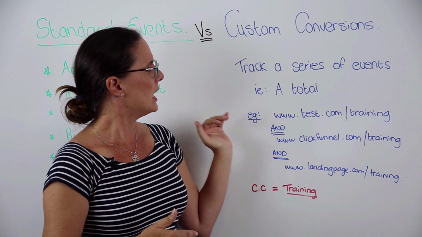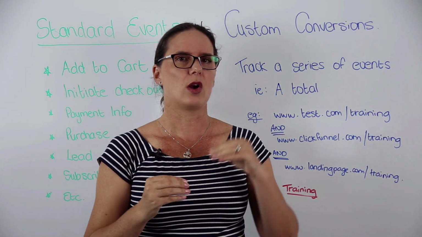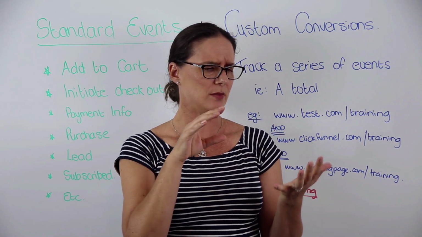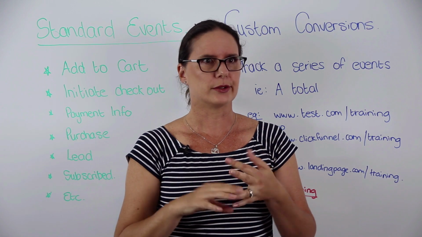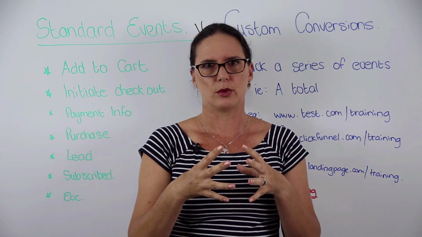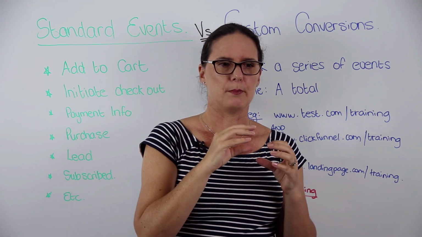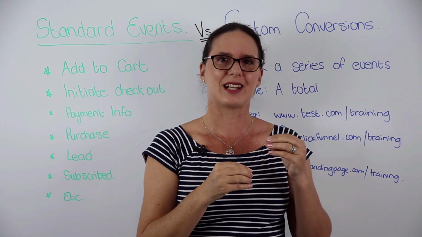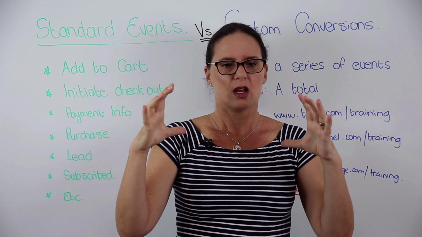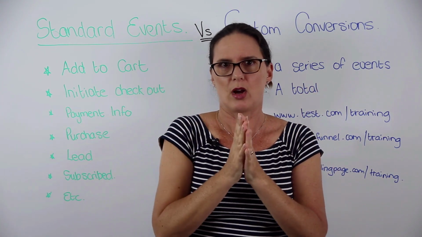So things like, what if I wanted to know not what was just happening on a single URL, but if I had a training funnel where I had my website, a ClickFunnels, and another landing page that people were going to be coming through, and I didn't want to know where people were coming to each individual URL, I would set up a custom conversion to track an entire pool of data of what people are coming and having a look at.